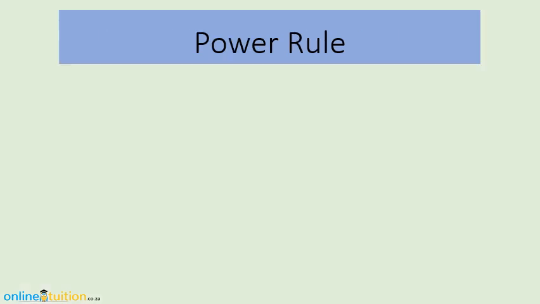With the power rule when it comes to differential calculus, we want to reverse the process. How does it work? Well, recall for differential calculus, d dx of, say, x cubed is what?